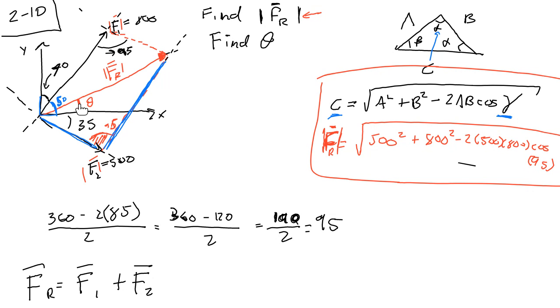Okay, so to find this theta, I think we would have to use the law of sines actually. Yes. So solve for that theta. Well, actually, solve for this angle over here first.